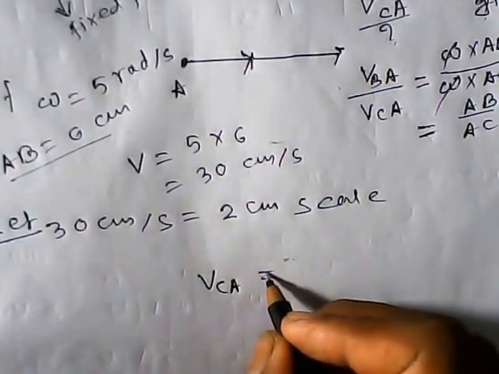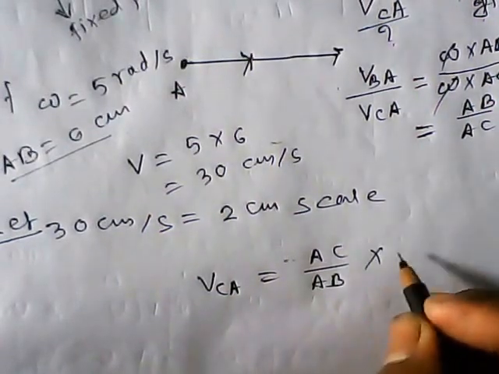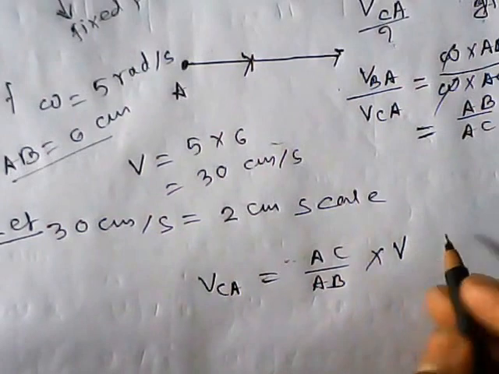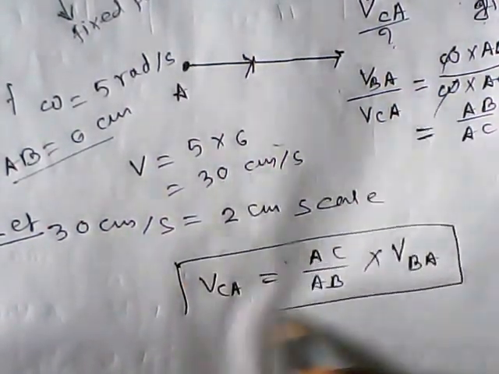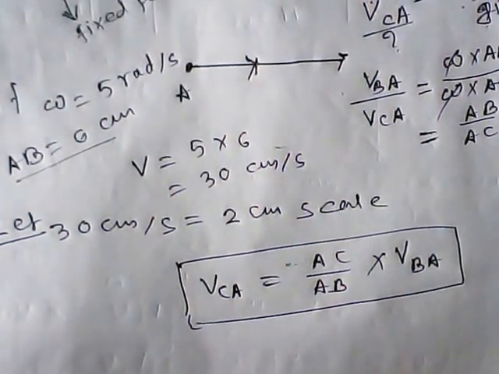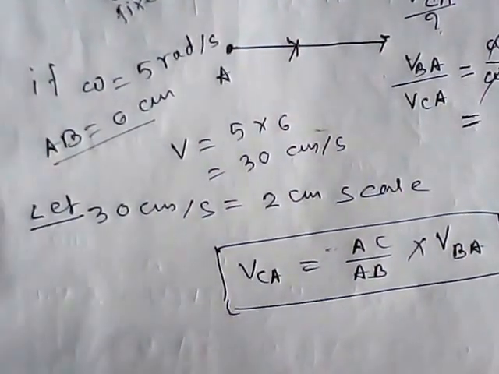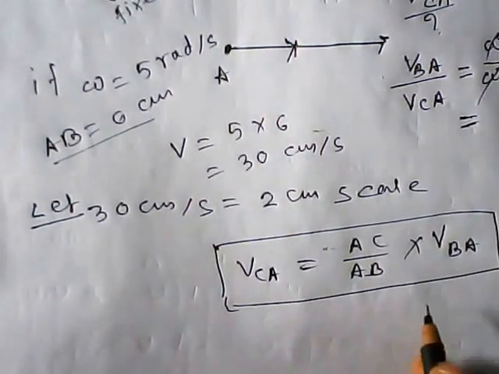So V of CA equal to AC by AB into V of BA. So we can find from the relation V of CA within the link, any point of the link.